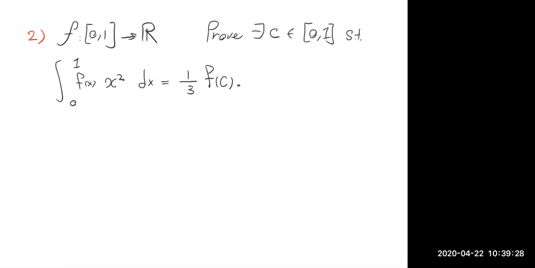So I have a function f. I'm multiplying it by x squared. I get a new function. I'm saying the integral of this new function is equal to 1/3 f of c, where c is a point on the interval 0 to 1.